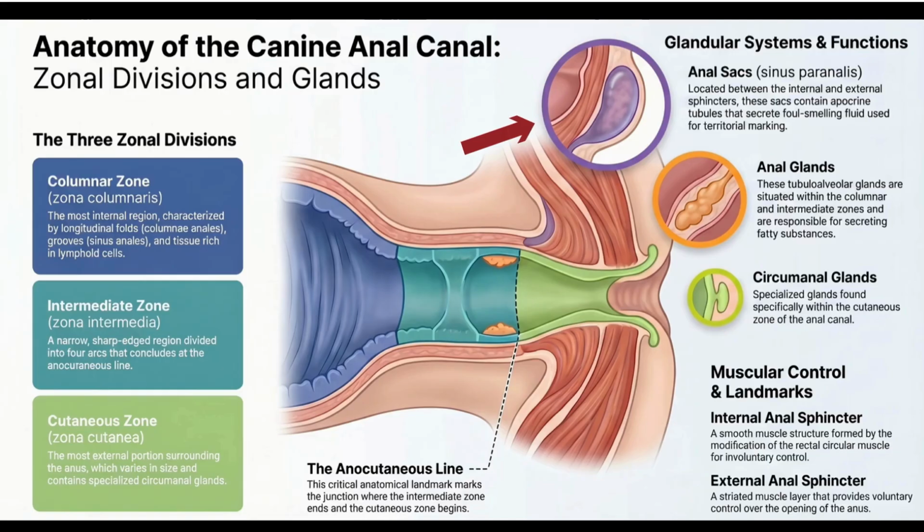They contain anal sac glands, which feature apocrine tubules. They secrete a foul-smelling fluid used primarily for territorial marking. So, as we can see, the disgusting smell is secreted by the anal sacs when they are passing poop. Do you understand? That's all for me.